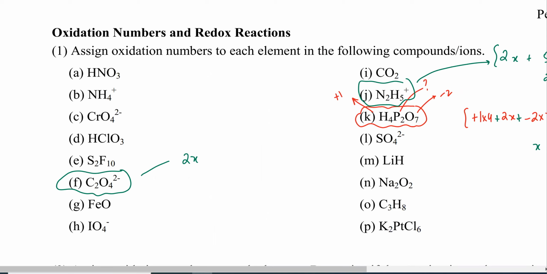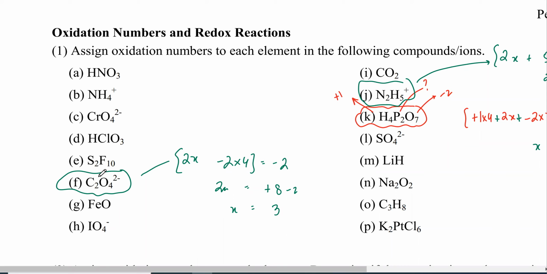Oxygen is -2, so that's times 4, and the whole thing would be equal to -2. So 2x would come out to be equal to plus 8 minus 2, so x would come out to be equal to 3. That means carbon has an oxidation state of +3 over here.